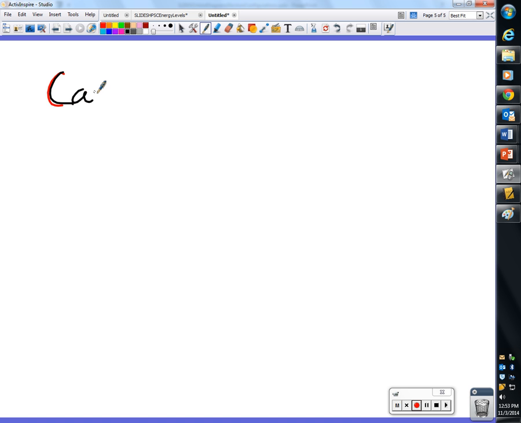Okay, now, next up is carbon. Carbon has an atomic mass of 12, has an atomic number of 6. Meaning, we have to place 6 electrons.